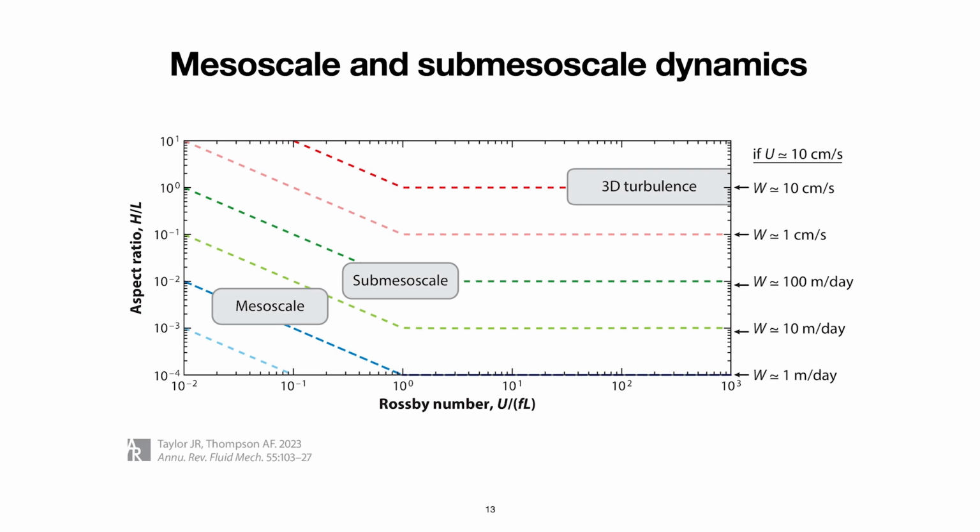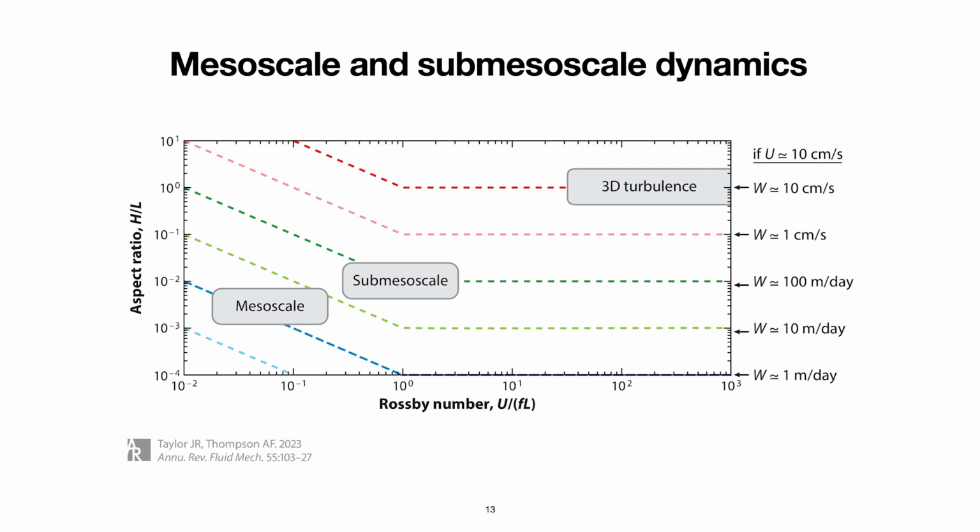Here's one way to look at what happens in the ocean. If we are in 3D turbulence, the vertical velocity and the horizontal velocity have very similar spatial scales. As we go to mesoscale and sub-mesoscale, what we find is that the horizontal velocities are much stronger than vertical velocities, and that's true on the global scale as well.